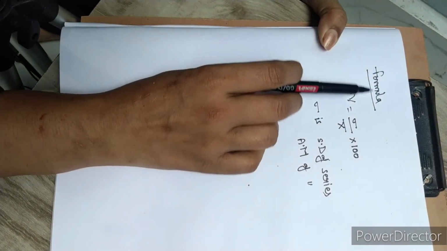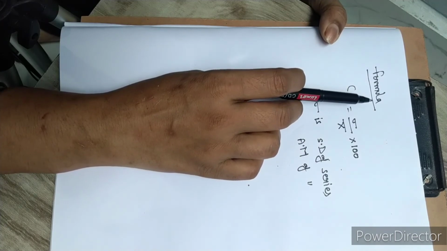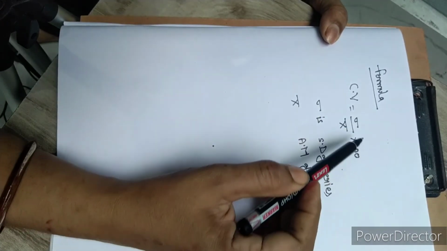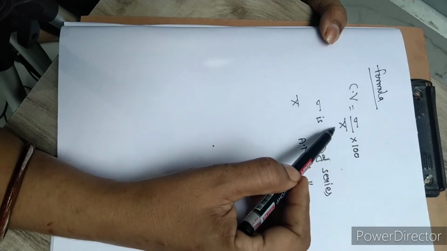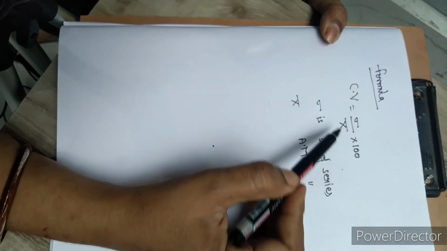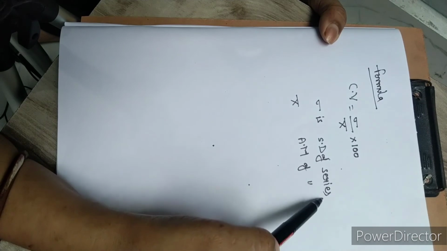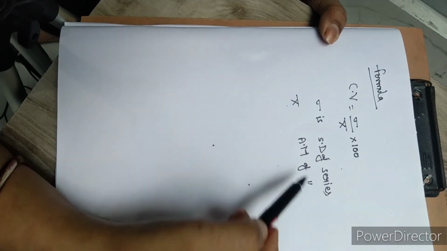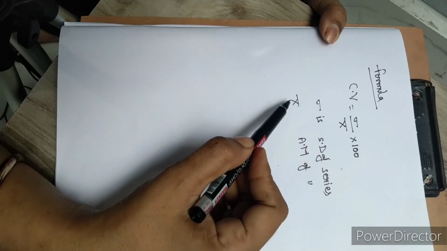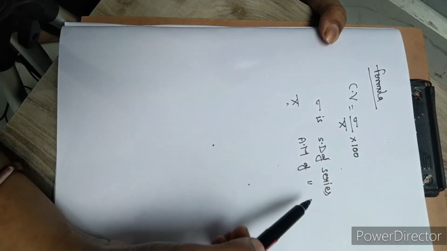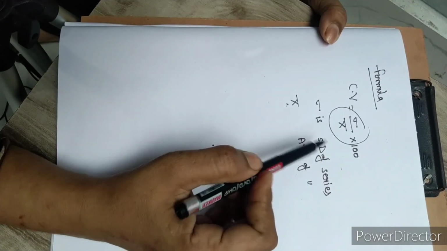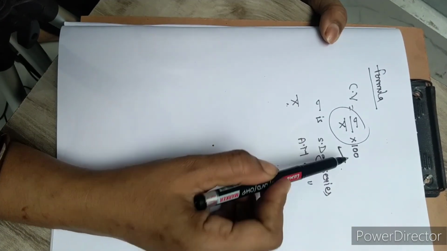Here we see the formula: the coefficient of variation is denoted by CV and defined as the ratio of sigma over x bar, into 100. Sigma is the standard deviation of the series, x bar is the arithmetic mean of the series, and this is a unitless measure in the form of a percentage.